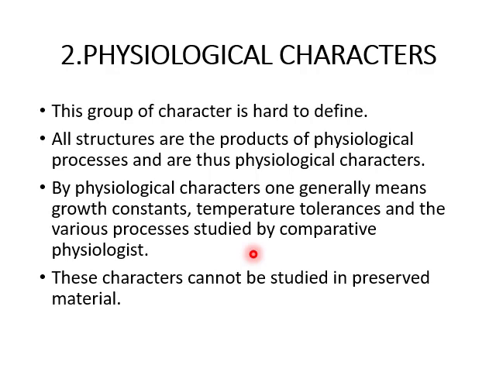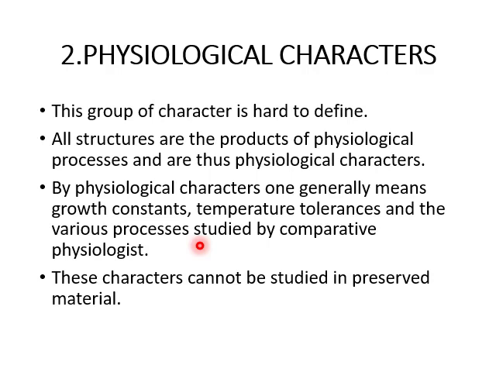In these physiological characters, the researchers may compare the growth constants, temperature tolerance, and various processes such as the formation of urine, feeding methods, digestion, respiratory methods, or reproductive methods.